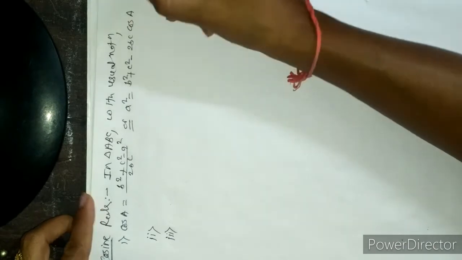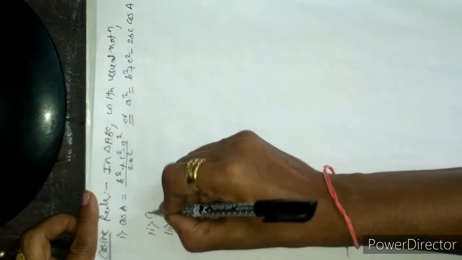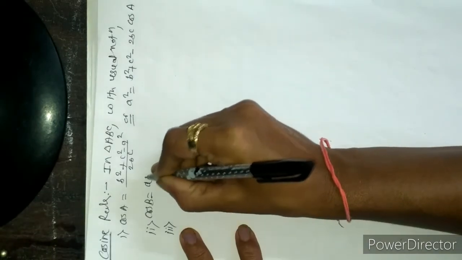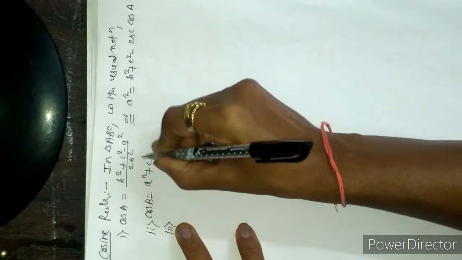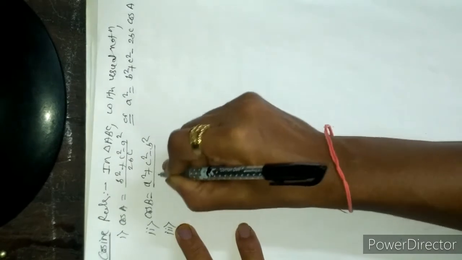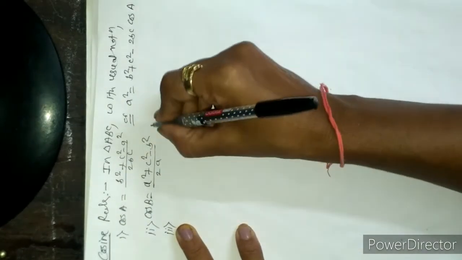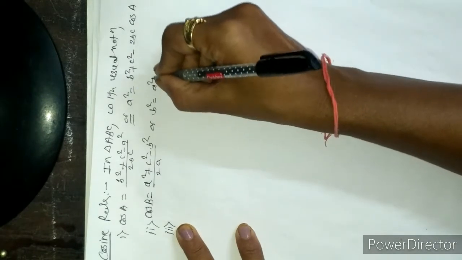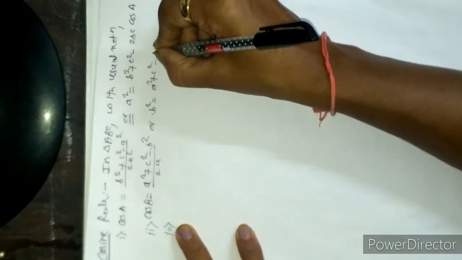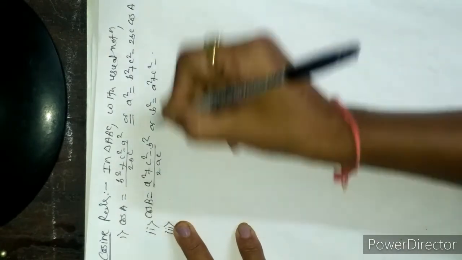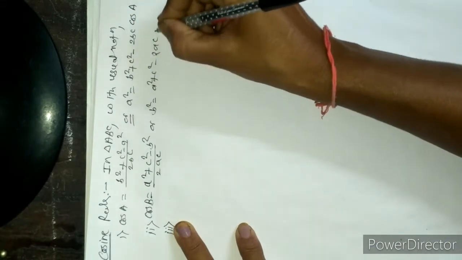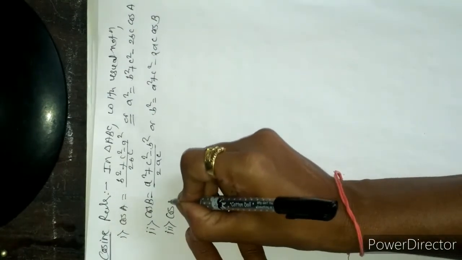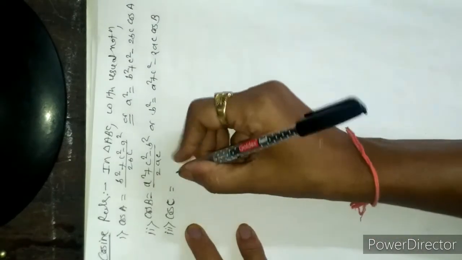So by symmetric arrangement we can find cosine B. Cosine B is equal to (A square plus C square minus B square) upon 2AC. Or we may define that B square is equal to A square plus C square minus 2AC cos B. Also we find the relation for the third angle with cosine ratio.